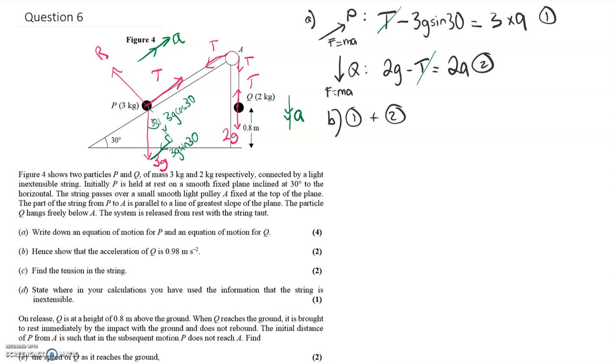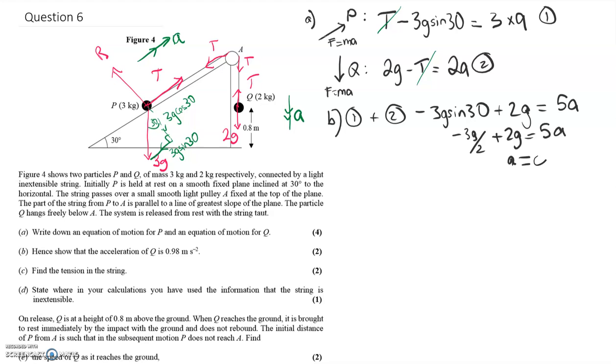And then we will have minus 3G sine 30 plus 2G equals 5A. Sine 30 is just a half. So when you work out the left-hand side and divide by 5, that's how you get A equals 0.98.